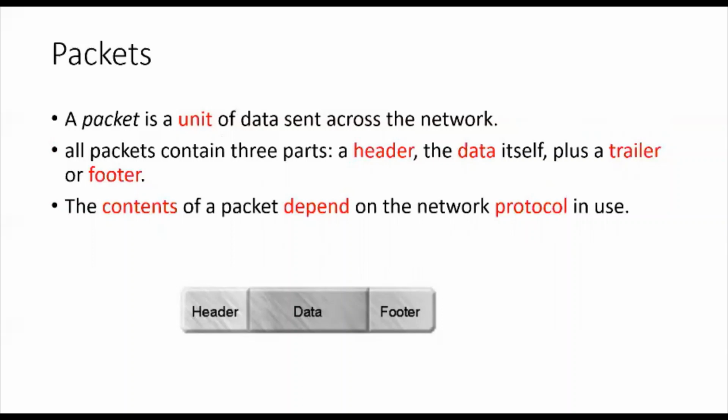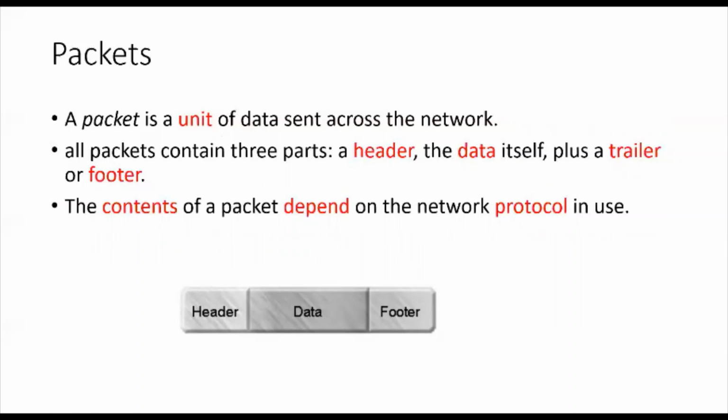Depending on the different layers of the TCP/IP model, the name of the packet will differ. Sometimes it may be called a frame or packet or datagram and so on. All these packets contain three parts: header, data, and trailer or footer.